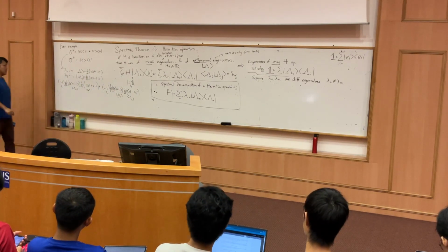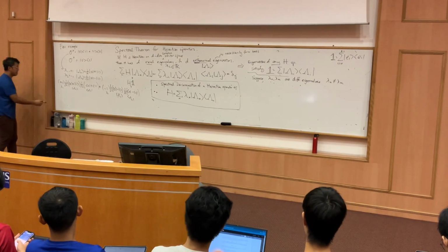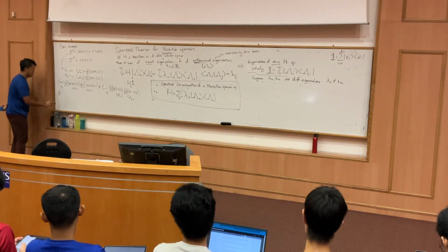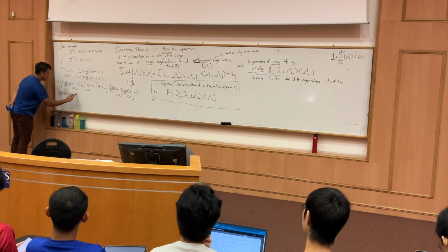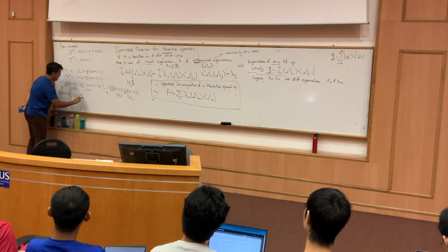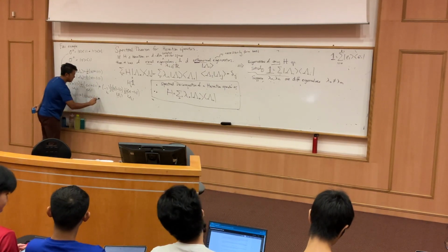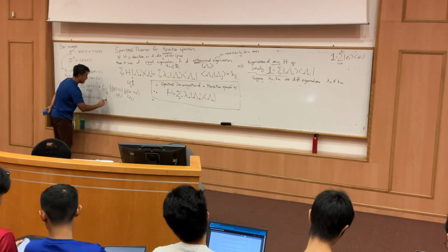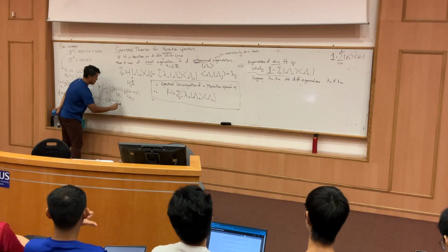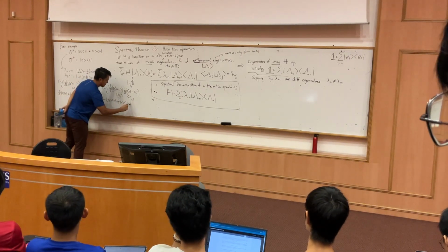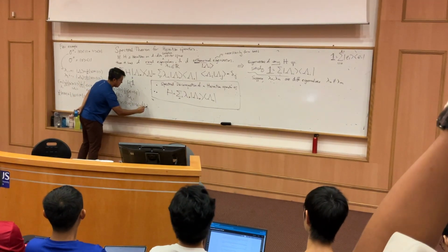Okay. So if I follow the recipe on the right hand side, now if I expand it, I'll get 1 half |0><0| plus 1 half |0><1| plus 1 half |1><0| plus 1 half |1><1|, minus 1 half |0><0|, plus 1 half |0><1|, plus 1 half |1><0|, minus 1 half |1><1|.